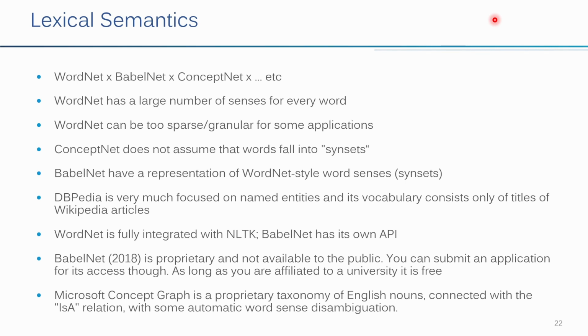Some of them people simply don't use. So it makes it quite redundant to use this information, especially if you have to traverse this entire thing. It's quite troublesome. WordNet can be too sparse or too granular for some applications.